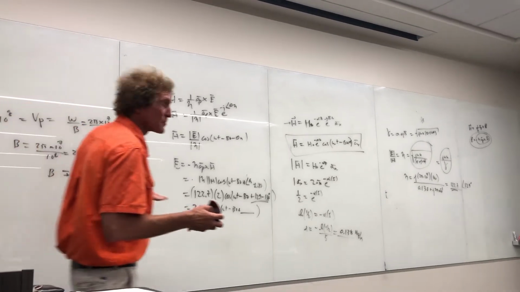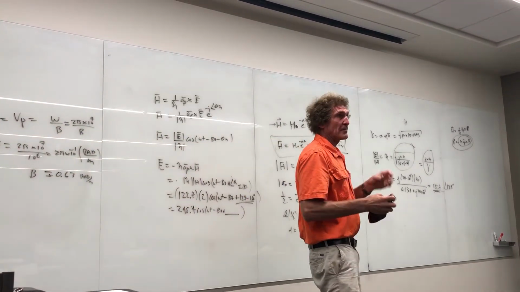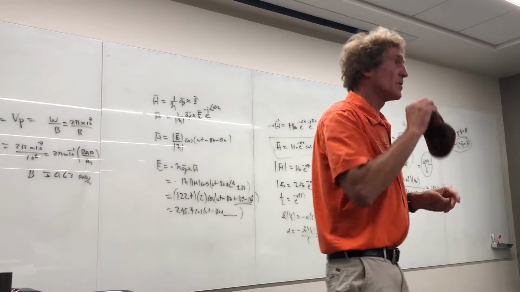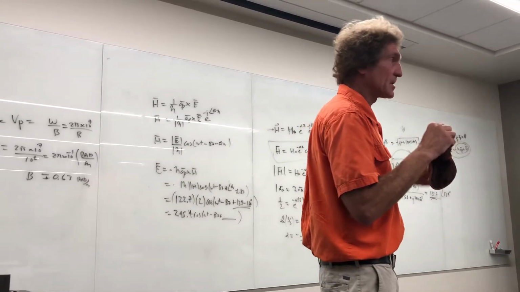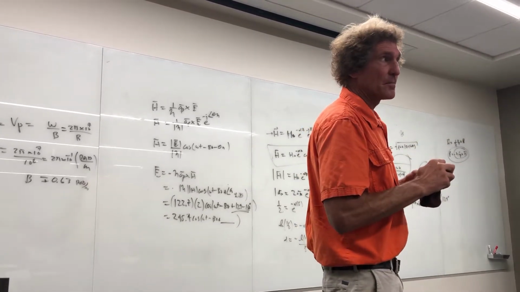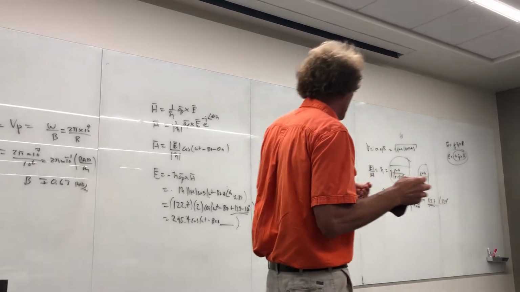You know, the thing about this problem that's really good is you're used to having sigma, mu, epsilon given, and the frequency, then you calculate eta and you calculate gamma, right? Here, it's not specified.